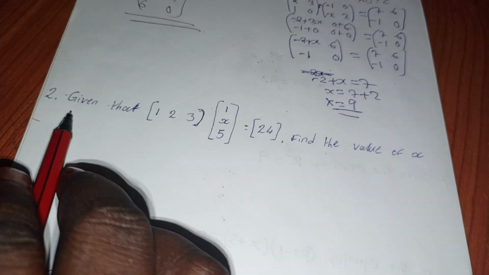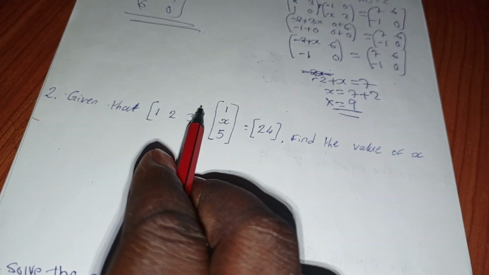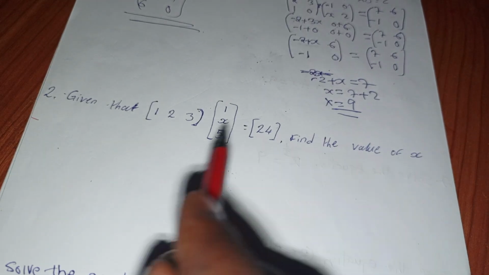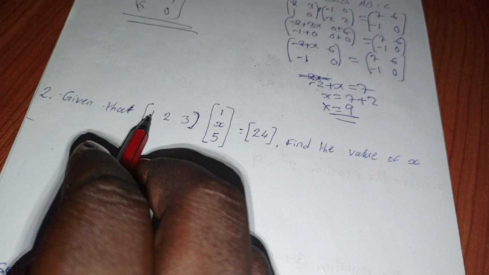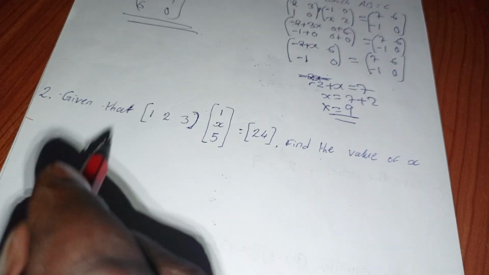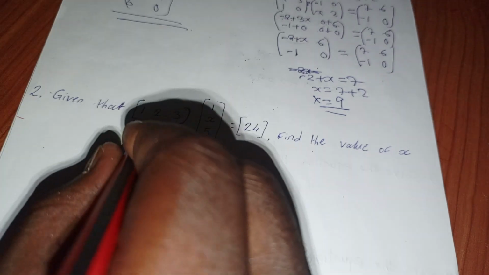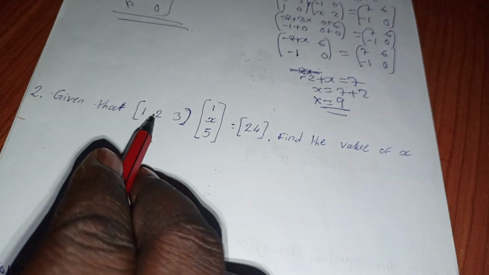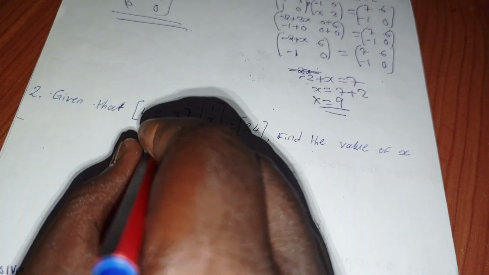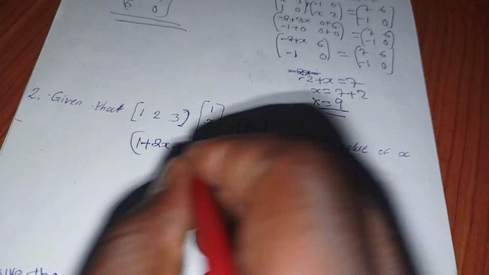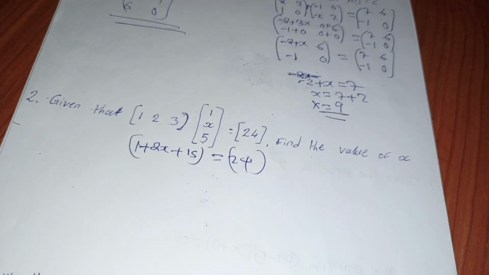It's almost a similar question. Given that this is a matrix, and the multiplication here is equal to 24, find the value of x. So I'll multiply row by column. So 1 times 1, which is 1, plus 2 times x, which is 2x, plus 3 times 5, 15, is equal to 24 as a matrix here.